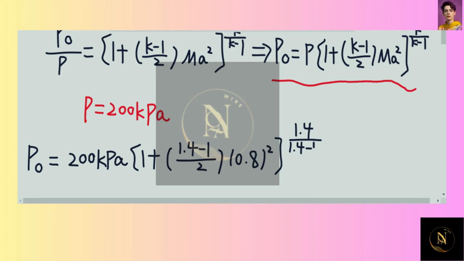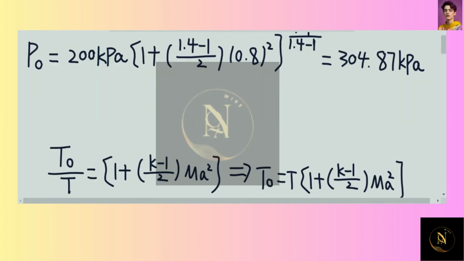And this will give us the stagnation pressure is about 304.87 kilopascal.